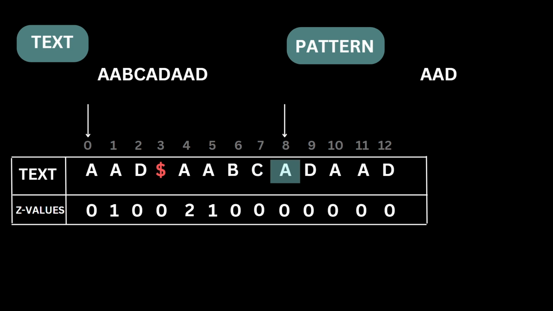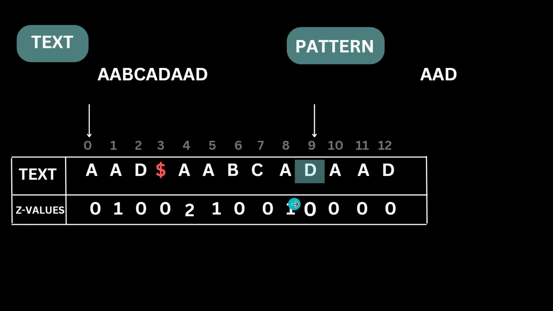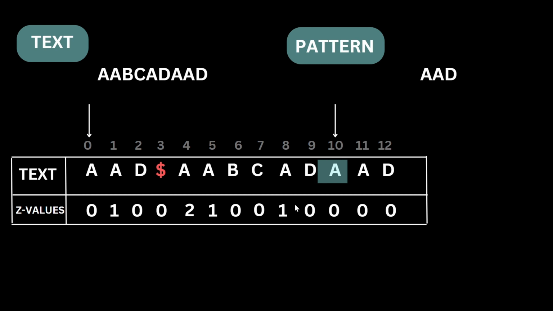Now comparing the 8th index with the 0th index, they are equal. We'll be moving indices plus 1, comparing the 9th index with the 1st index. They are not equal, so the Z value of index 8 will be 1. Now moving to index 9, it is not equal to index 0. D and A are not equal, so the value is 0.